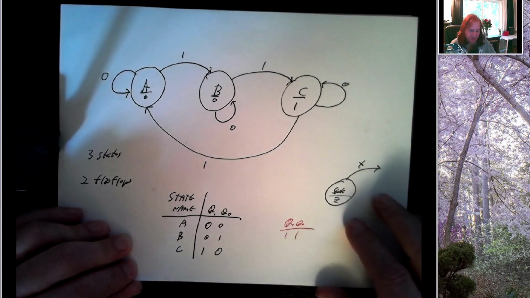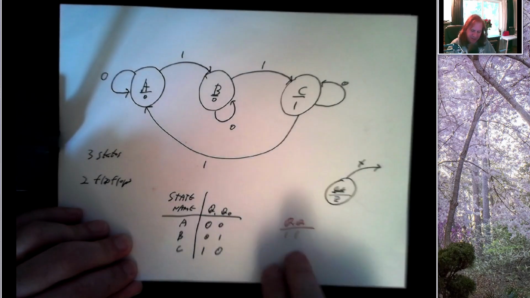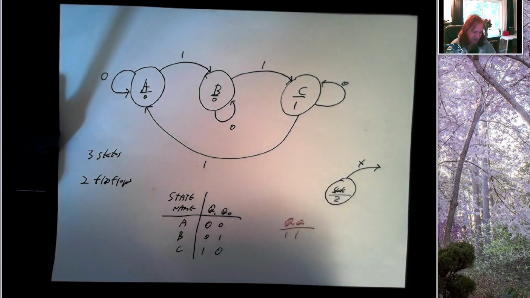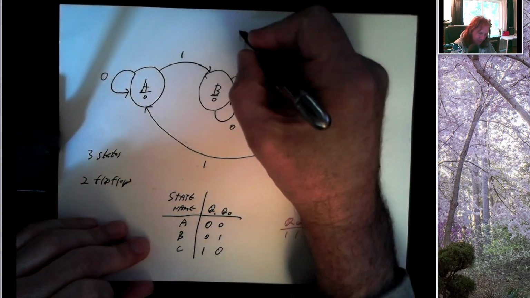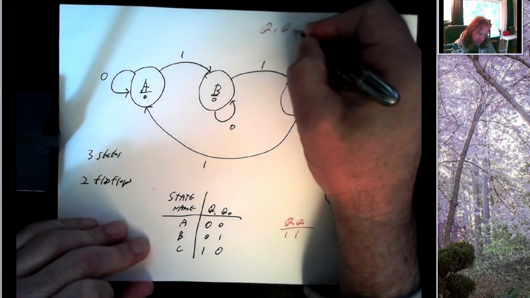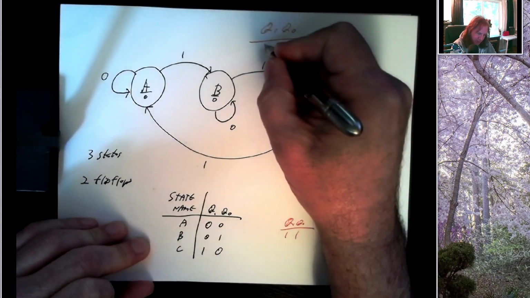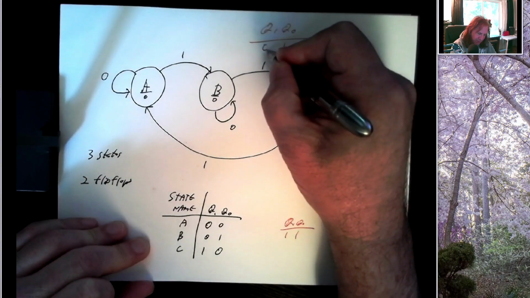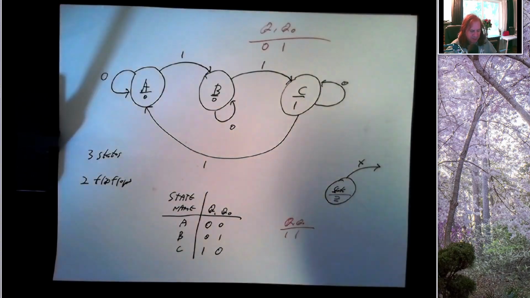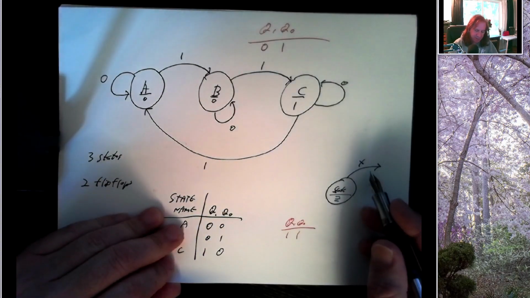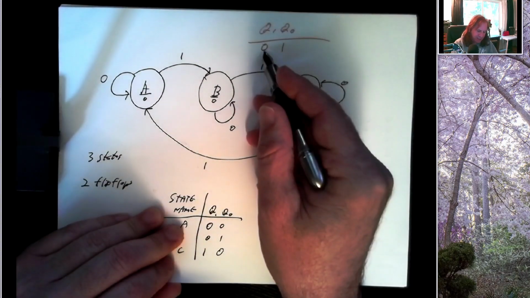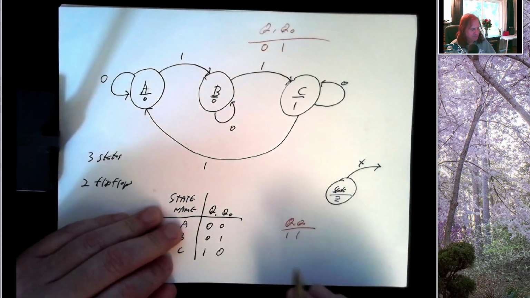Not an unusual situation. Well, if that's the case, consider what happens when we go from state B to state C. In state B, Q0 is a 1, Q1 is a 0. Now, we built a bunch of circuitry which says, hey, if we're in this state and our input is a 1, let's change this to a 1 and this to a 0.